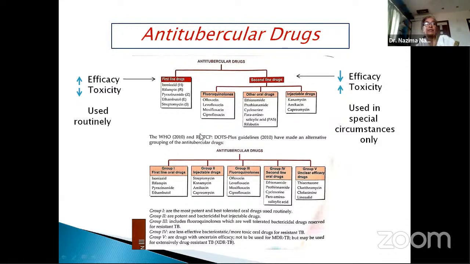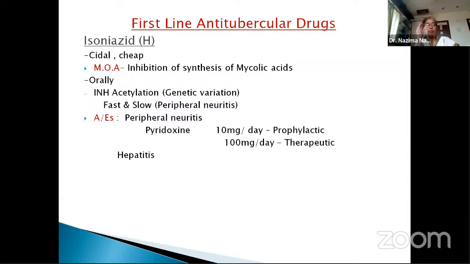There is another classification by WHO in 2010 and the Revised National Tuberculosis Control Program, the DOTS plus guidelines, where the drugs are classified into 5 groups. But we will not go into details of this classification.